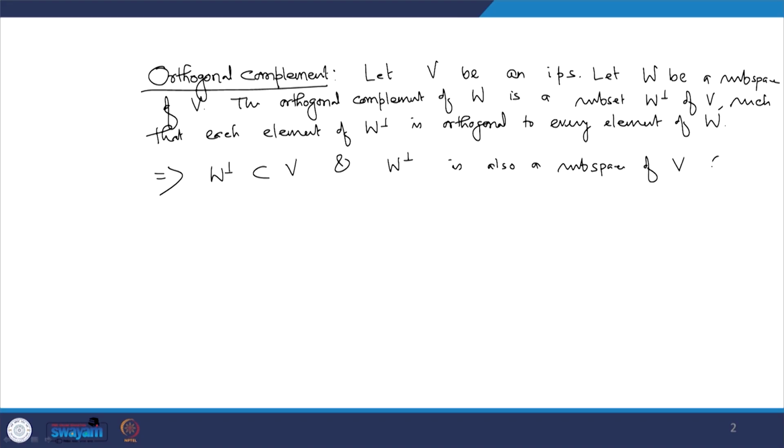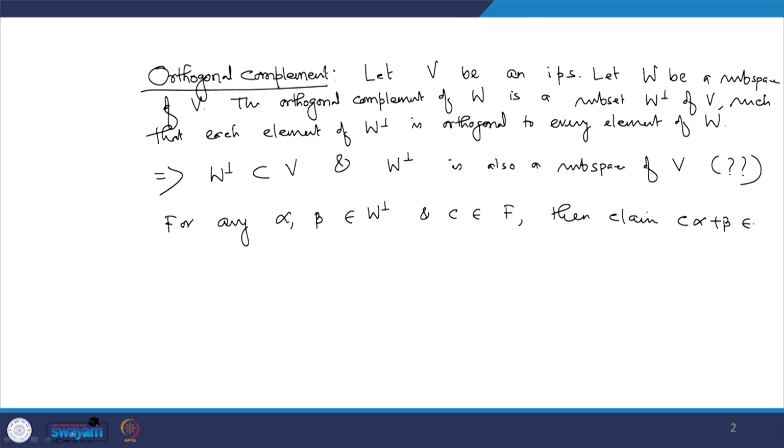So, for any alpha, beta belonging to W complement, and c belonging to the field over which the vector space V is defined, then claim: c alpha plus beta also belongs to W complement.